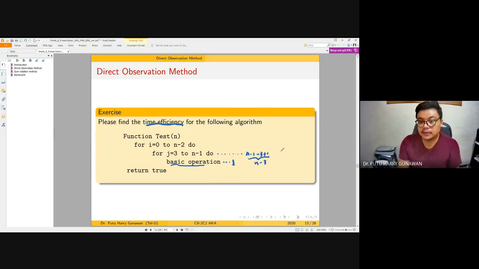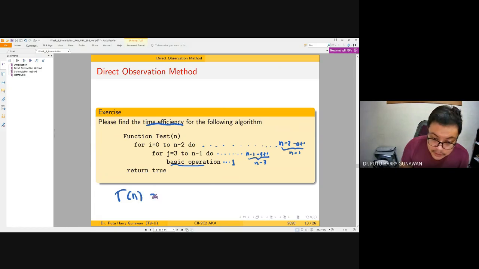Okay, so it should be n minus 3. Then another level, so since this is another level, this is n minus 2, from 0 to n minus 2, so n minus 2 minus 0 plus 1, so it should be n minus 1. Then finally, we have Tn.